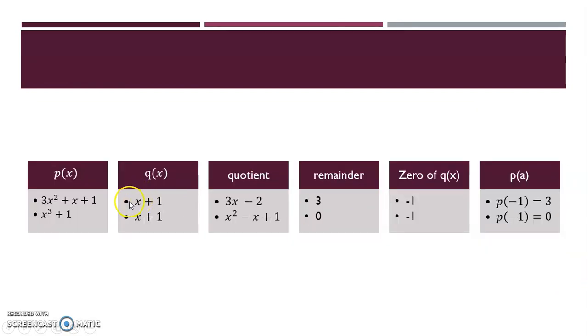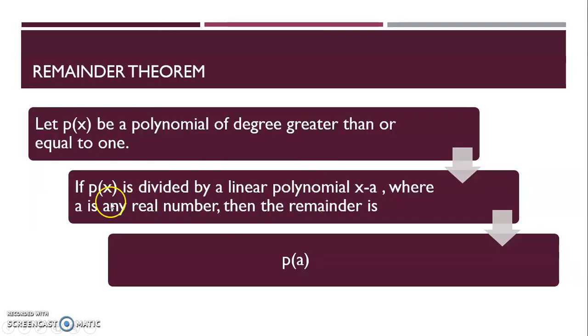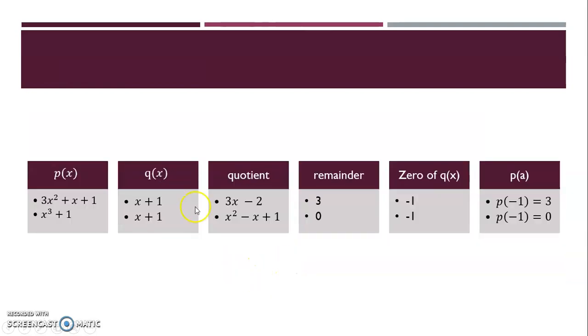So what is a linear polynomial? It is a polynomial of degree 1. So if we are dividing by a linear polynomial of degree 1, it can be of the form x minus a, where a is any real number, then the remainder is p of a. So this can be written as x minus minus 1.